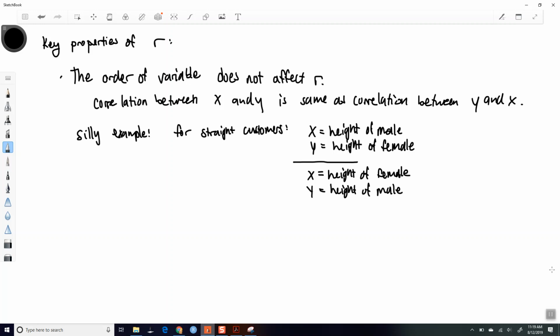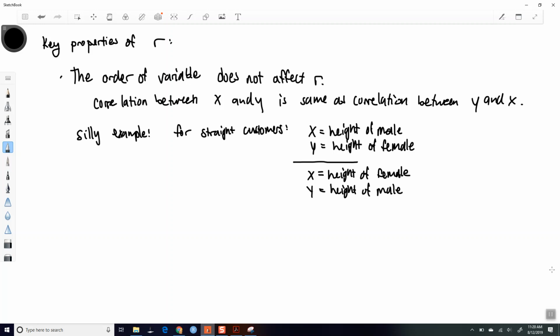Well, the thing is the order of the relationship doesn't matter. So if we are able to predict the height of the male based on the height of the female, then certainly the reverse is also true. If we can predict the height of the male, we can predict the height of the female. And general trend shows that if the female is taller than average, the males that she will match with will be taller than average.